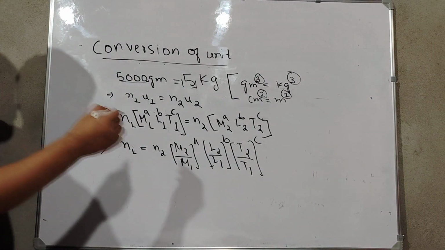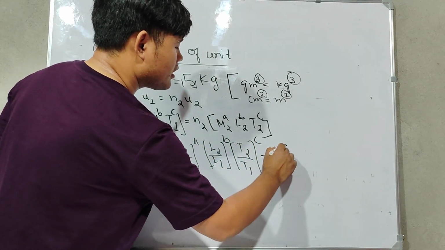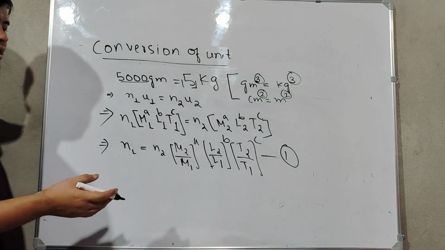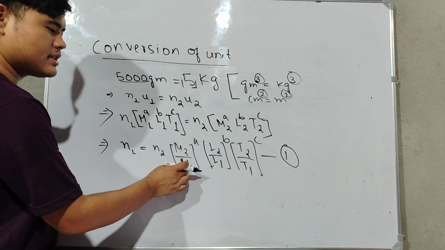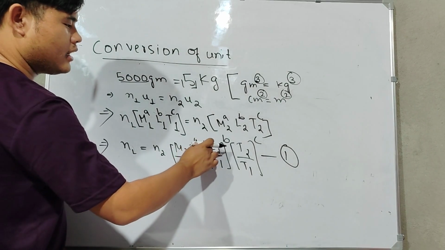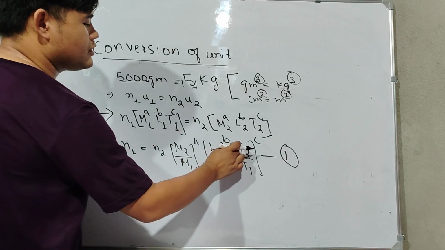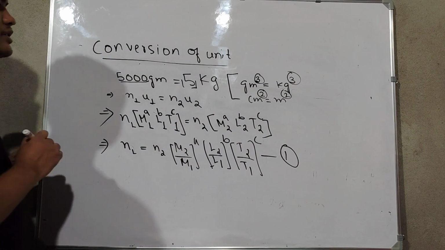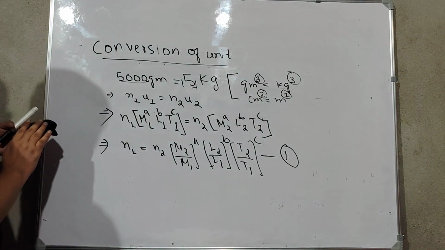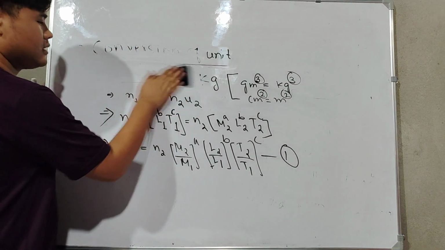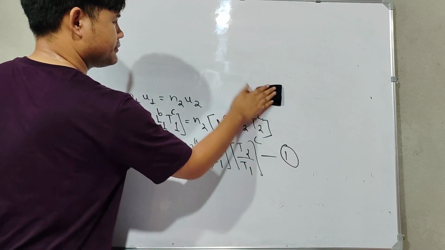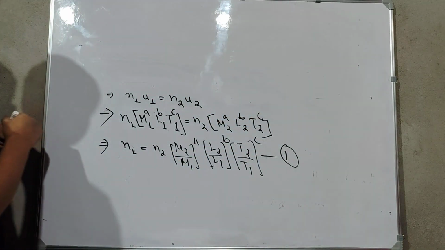This formula will help us now to convert the units. Okay, this one is in kg, this one is in gram, this one is in meters, this one is in centimeters, and this one is in seconds, and this one is in seconds. Okay, so let's see if a question is given to us like this.